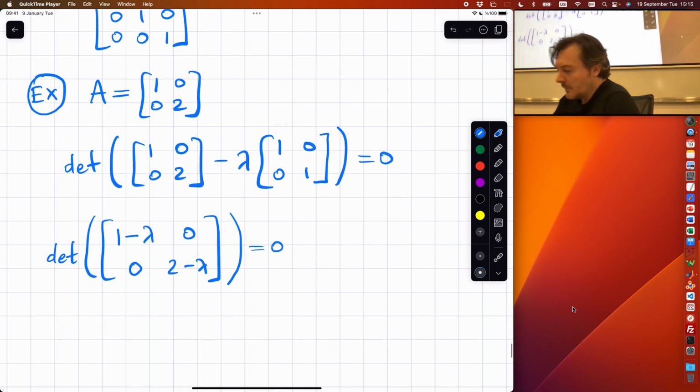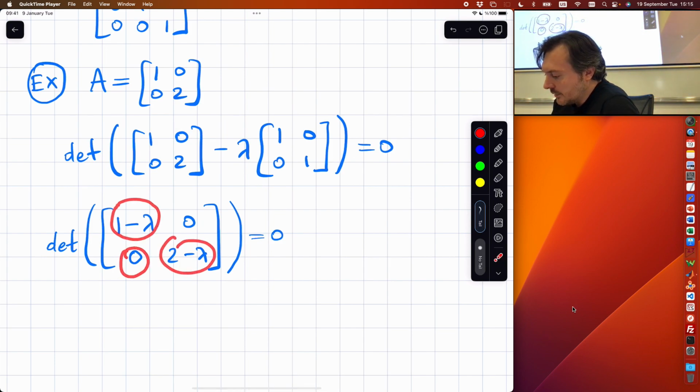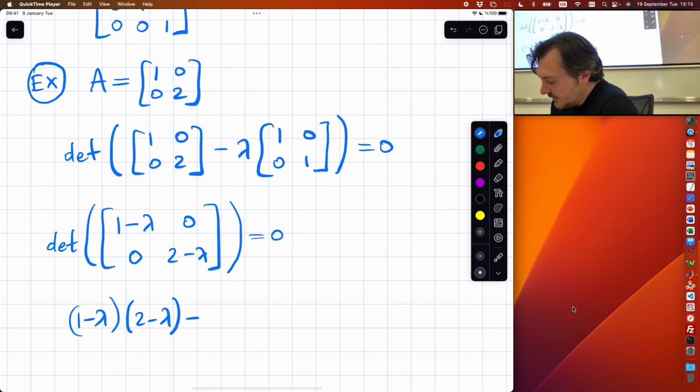Yes? You multiply this one with this one minus this one with this one. So let's do that. 1 minus lambda times 2 minus lambda minus 0 times 0 is equal to 0.